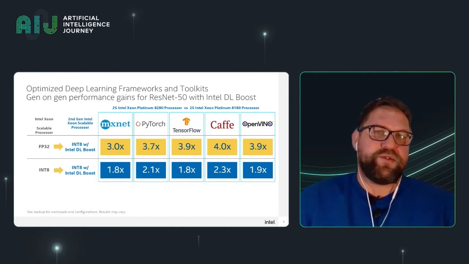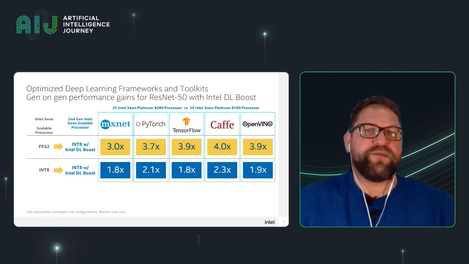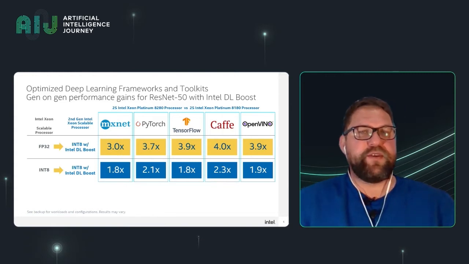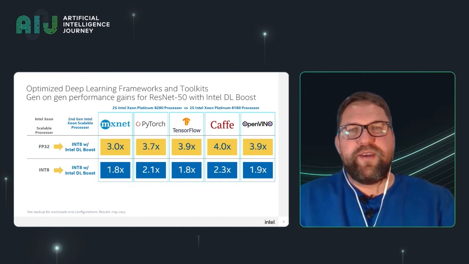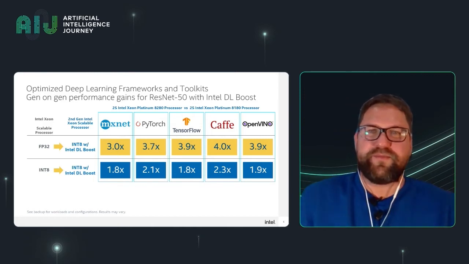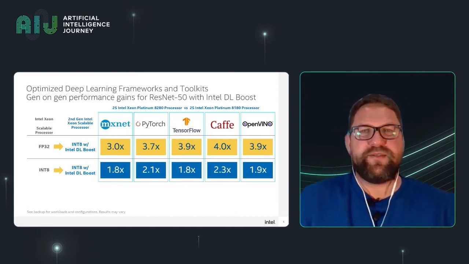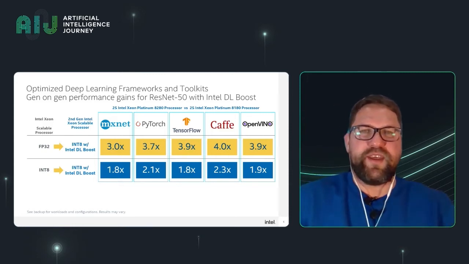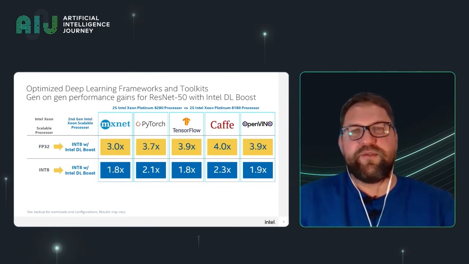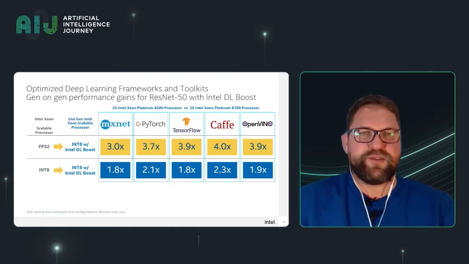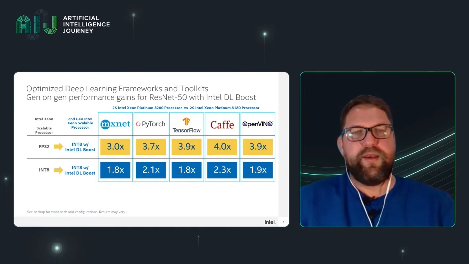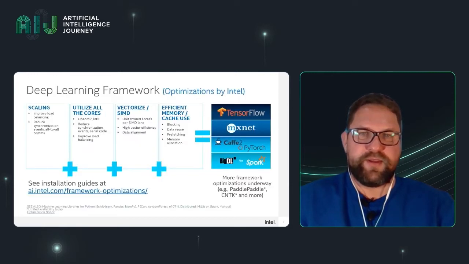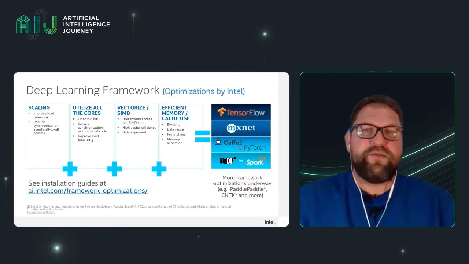We also worked with MXNet, PyTorch, TensorFlow, Caffe, and OpenVINO for application. It can be used if your model is trained in any framework. So if there is an opportunity, please give a chance to the Intel AI Analytics Toolkit and try Intel's optimized frameworks. This might give you significant acceleration when training and making inference.